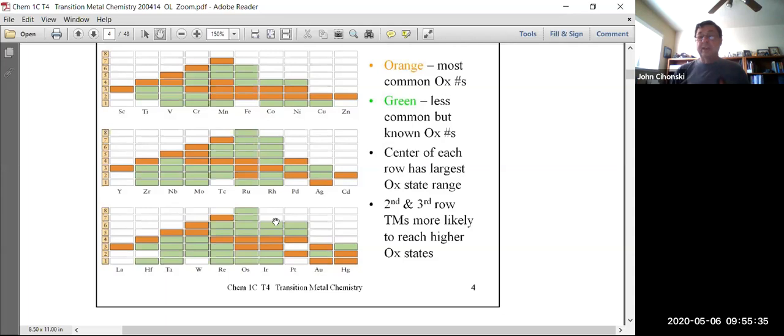Well, as you go down the periodic table, you go from a smaller atom or ion to a little larger, and then maybe just a little larger, but you're adding whole rows of electrons. So it is easier as we go down the periodic table for those electrons to be lost and form oxidation states that would be tougher to form when the ion is smaller and the nucleus pulls the electrons more tightly, okay?